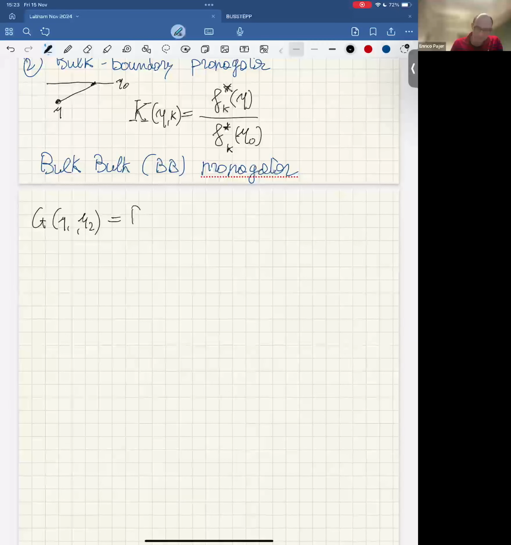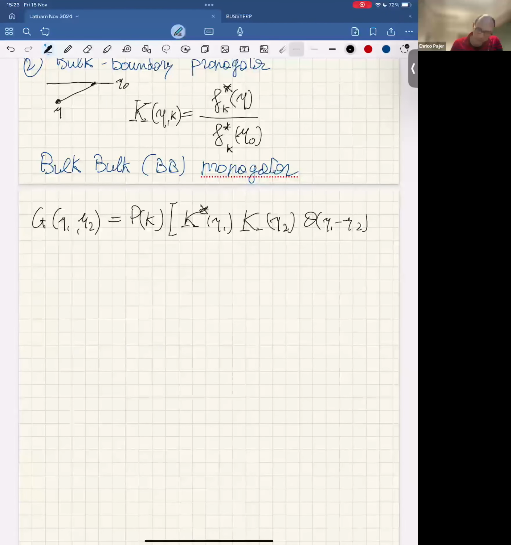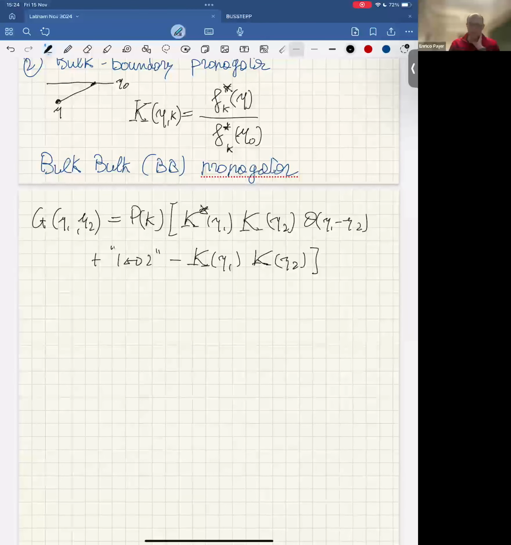G of eta 1, eta 2 is equal to the power spectrum times the bulk boundary propagator K star of eta 1, K of eta 2, times a theta function of eta 1 minus eta 2, plus 1 exchanged with 2, minus K of eta 1, K of eta 2. Okay, what is this thing?